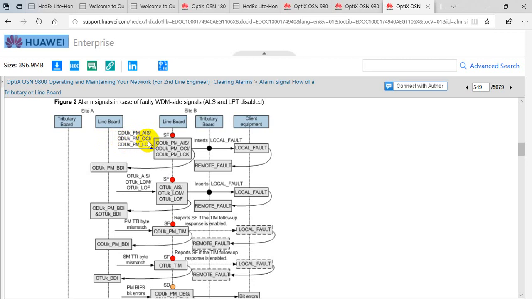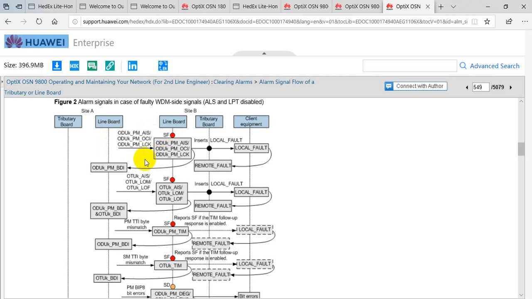OCI is another signal failure type, which is open connection indication, which indicates that in the upstream direction some cross connection is missing. And the lock alarm: lock is when an operator or administrator takes some trail under maintenance. Because its control is taken, traffic is not flowing, so that is also categorized as signal failure type.